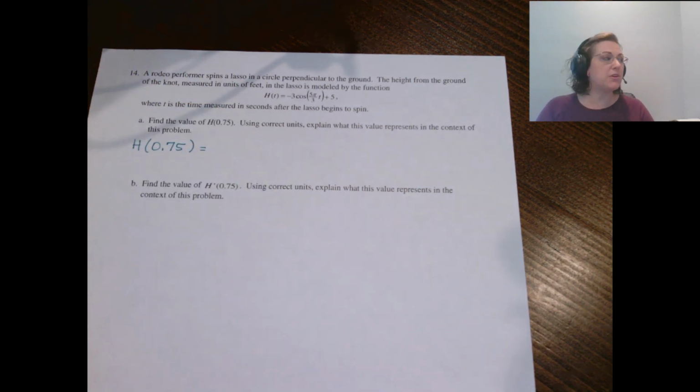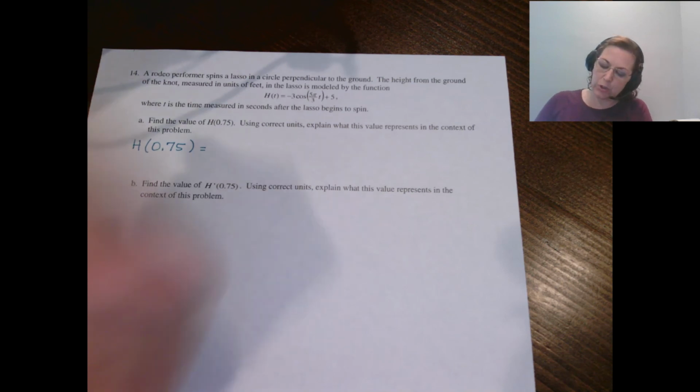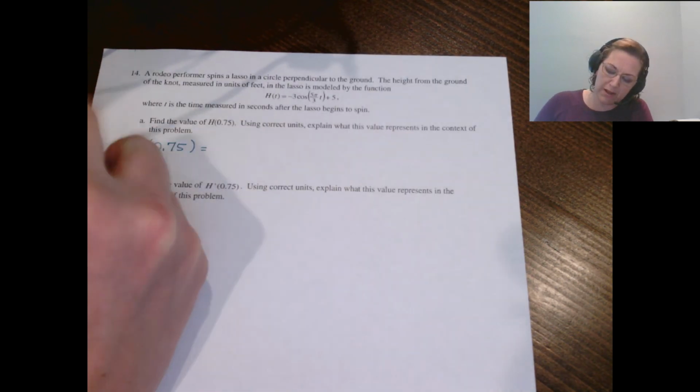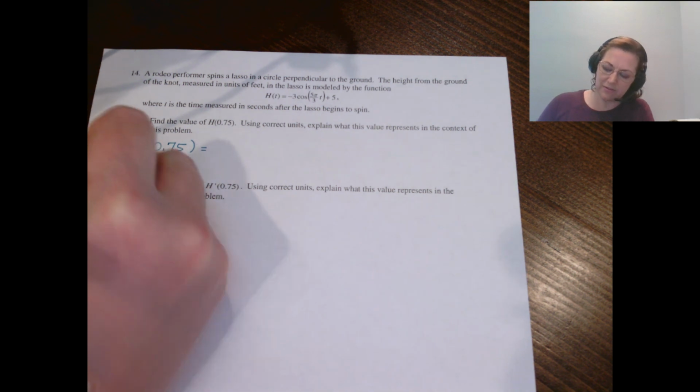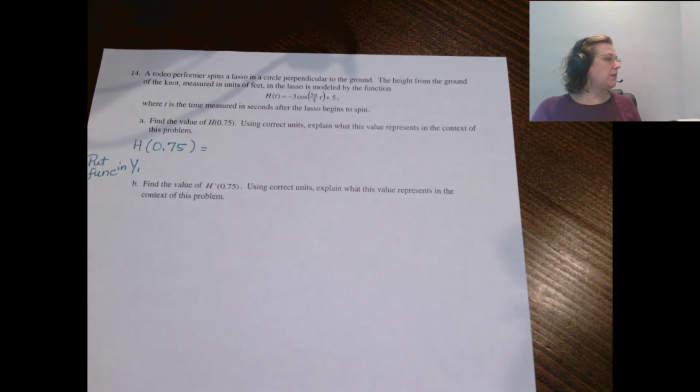So this is where you're going to go with your calculator. I encourage you to put this function in y1. So you're going to put it in y1. Let's see, -3 cosine. Watch your parentheses with the 5 pi over 3 variable. And then plus 5.